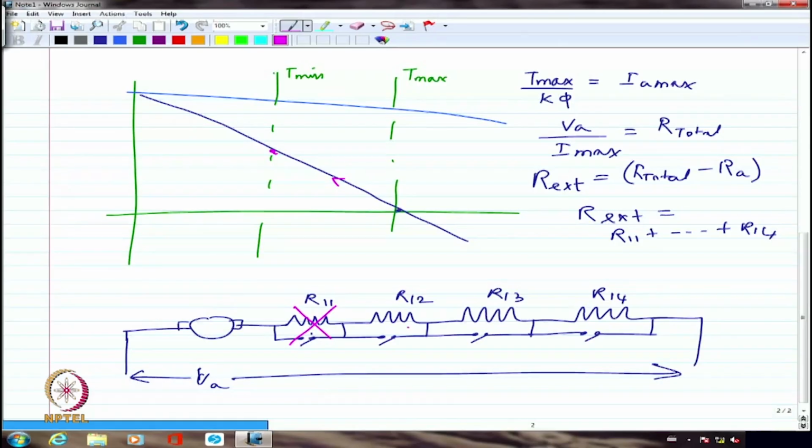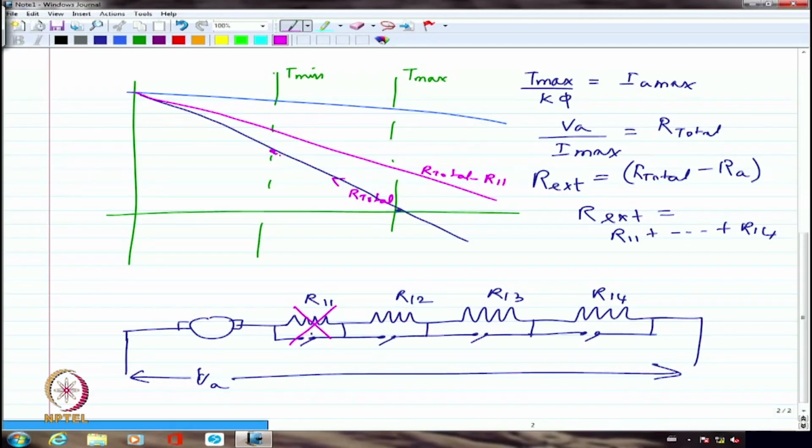If one of the resistances is cut off, what is available is only R12 plus R13 plus R14, which means the characteristic might switch to something like this. So this is with all the resistances, whereas this is going to be R total minus R11 alone.